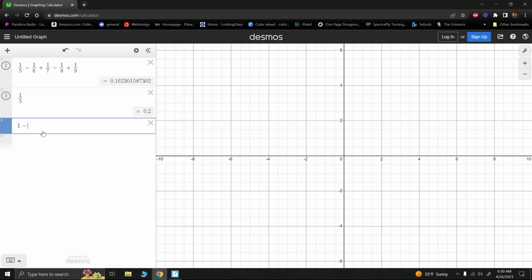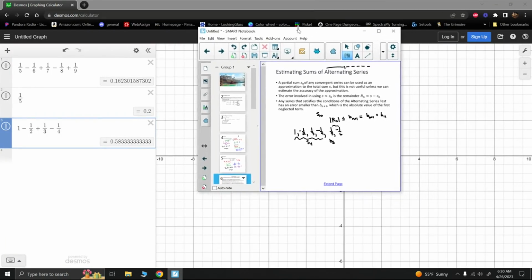So 1 minus 1/2 plus 1/3 minus 1/4 is 0.58333, repeating here, with an error of no more than our 1/5, which is 0.2.